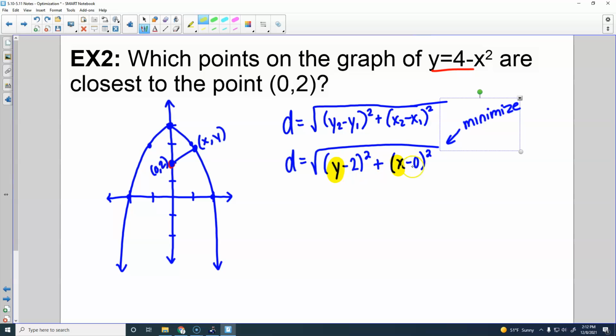If you do, you would have to do implicit differentiation, and then you end up with dy/dx's. It's super complicated. So we need to somehow replace the x or the y, preferably the y. What can we substitute?